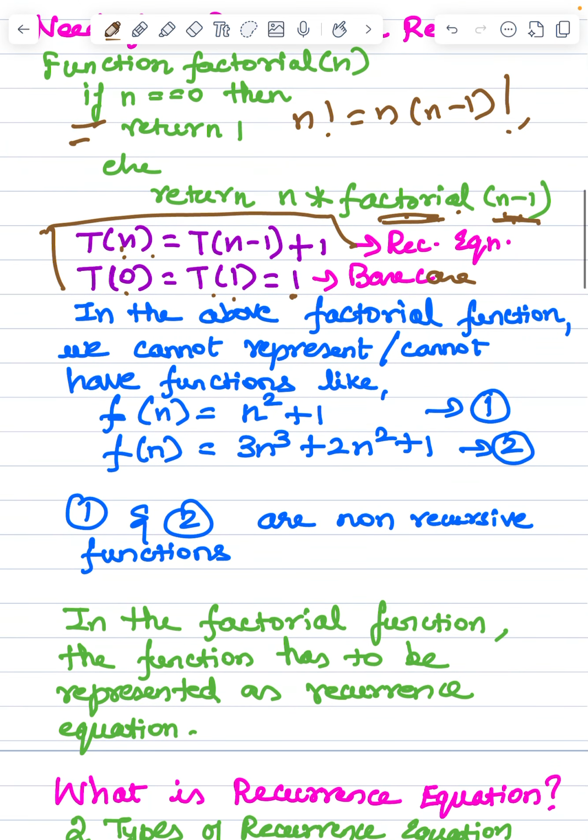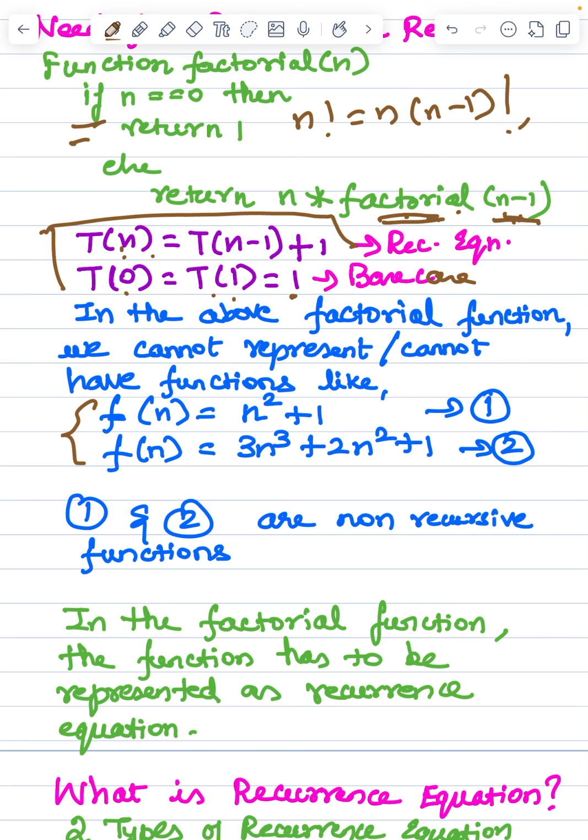We cannot have functions like f of n equals n square plus 1, or f of n equals 3n cube plus 2n square plus 1, in a recurrence relation. Because what is a recurrence relation? It is when we have a term which has been defined by its previous term. For example, t of n equals t of n minus 1, or t of n equals 2t of n by 2.